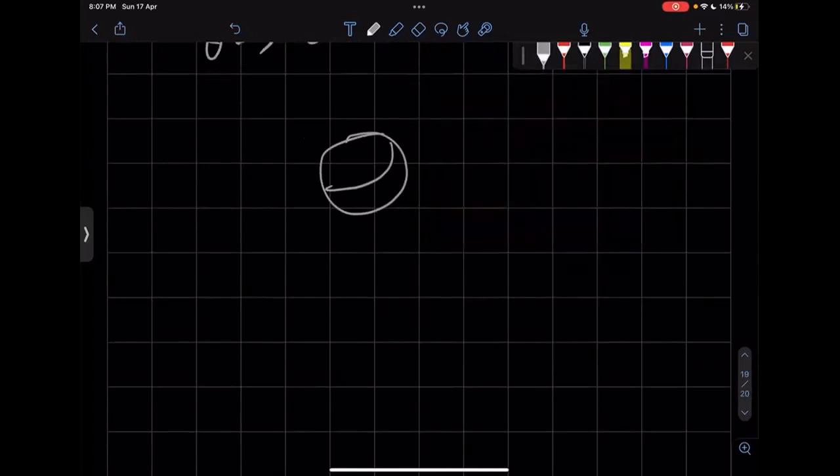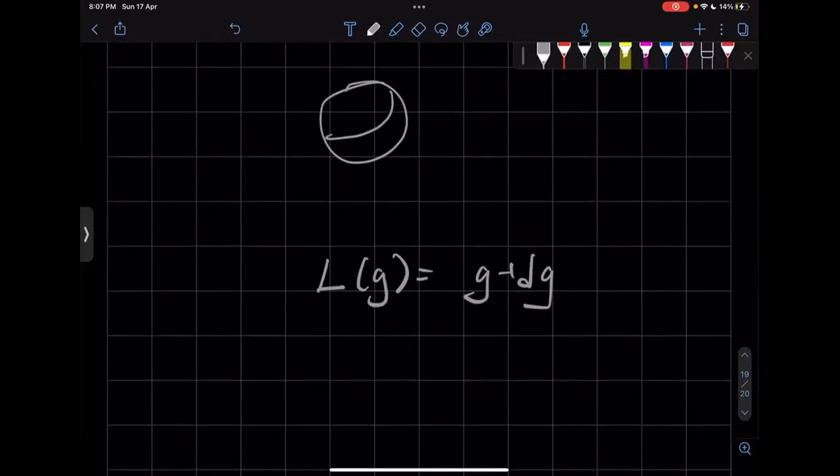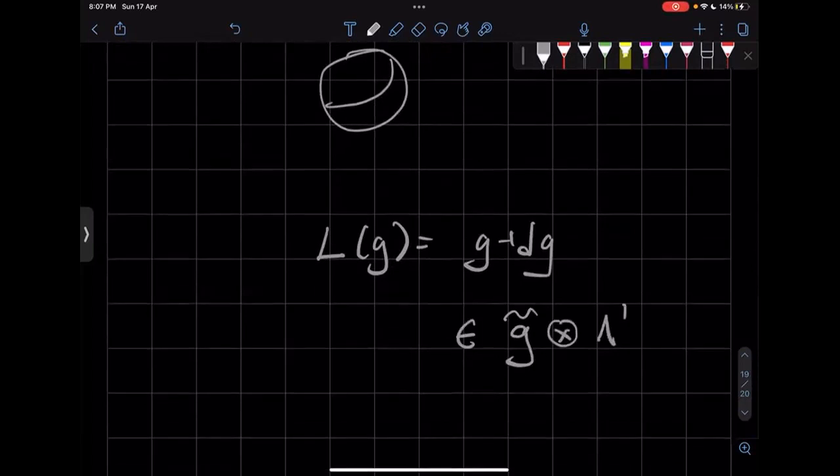In your tutorial yesterday, I gave you something called a left invariant one form. This was L of G, and it has some form like that. And you saw that this was a Lie algebra valued one form.